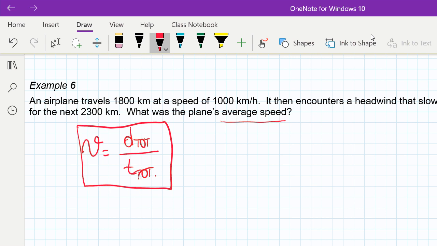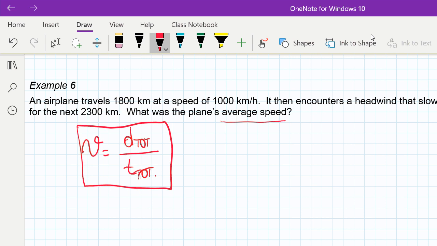Since the object is moving 1,800 kilometers at 1,000 kilometers per hour, and then 2,200 kilometers at 850 kilometers per hour, we have two different distances at two different speeds.